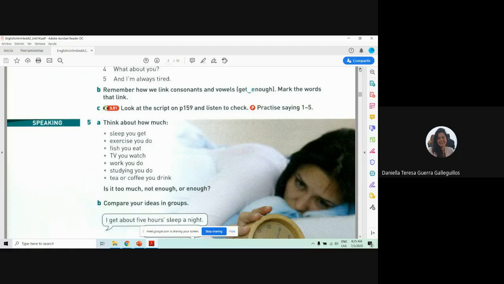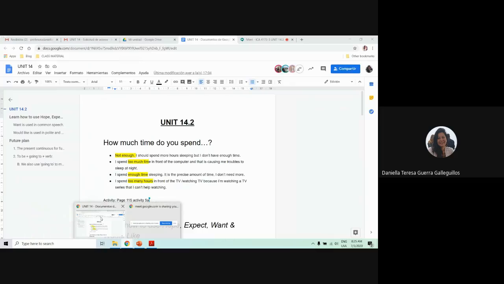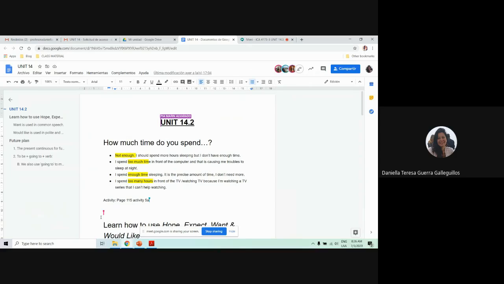Okay, so going back to the word page, when we are talking about spending time, you've got different options when you answer, and I put them in yellow. If somebody asks you, for example, how much time do you spend sleeping? I wrote different answers. The first one is not enough. I should spend more hours sleeping, but I don't have enough time.